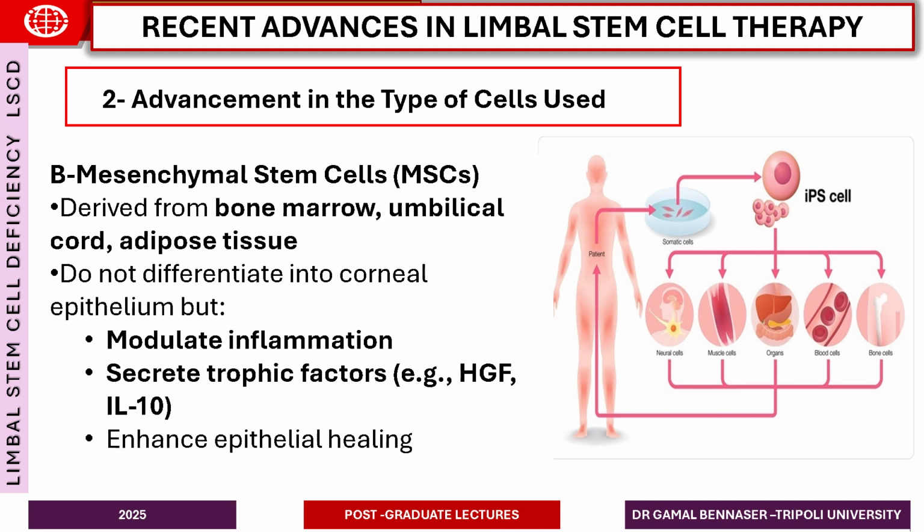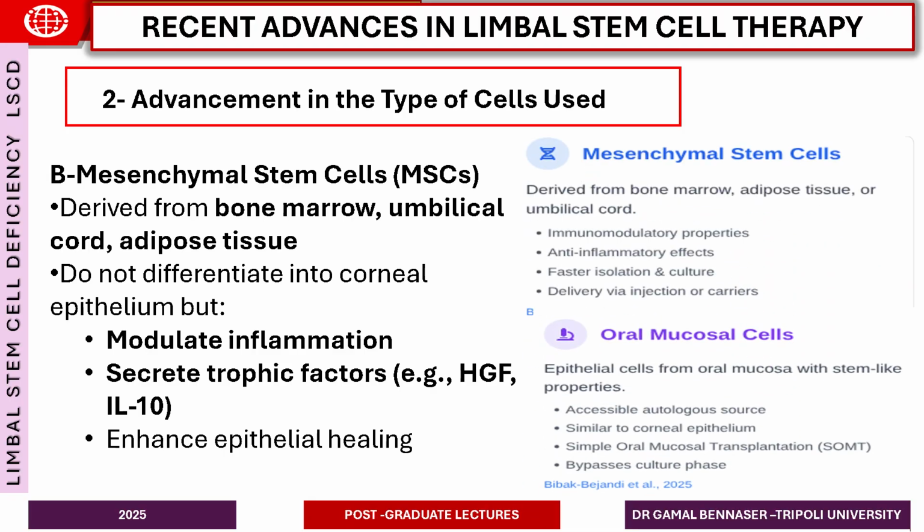Now, the other type of advancement is the use of mesenchymal stem cells. The mesenchymal stem cells are derived from bone marrow, umbilical cord, or adipose tissue. They don't differentiate into corneal epithelial cells, but they act as a modulator of the inflammatory response, and hence they are used as adjuvant therapy with limbal stem cell therapy to reduce the risk of rejection.